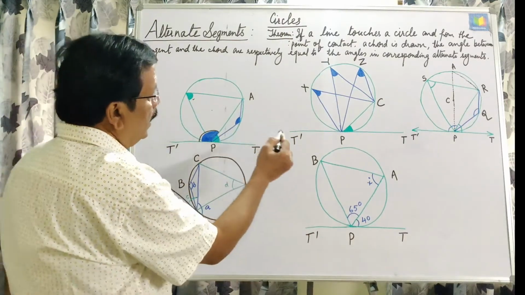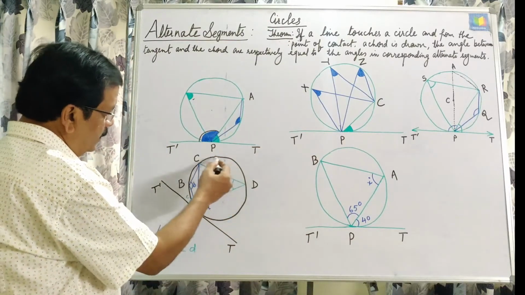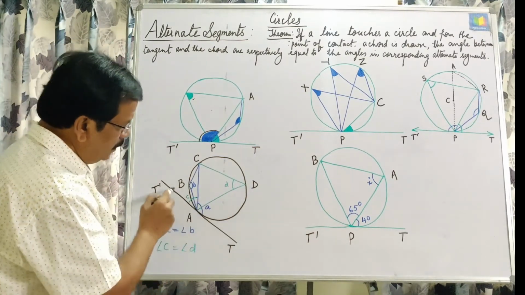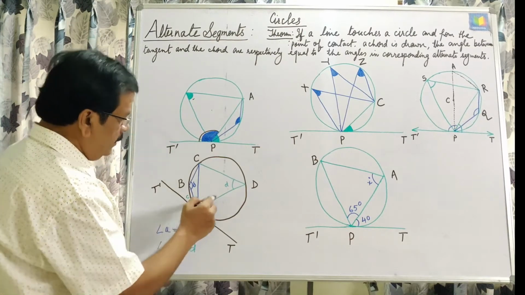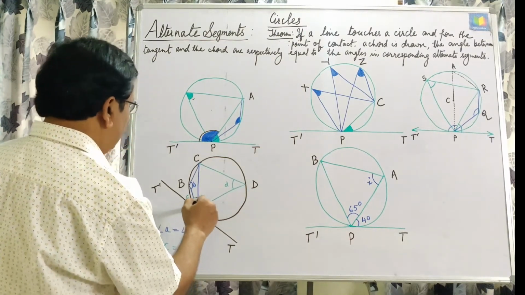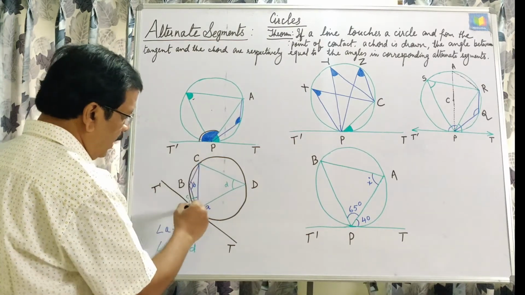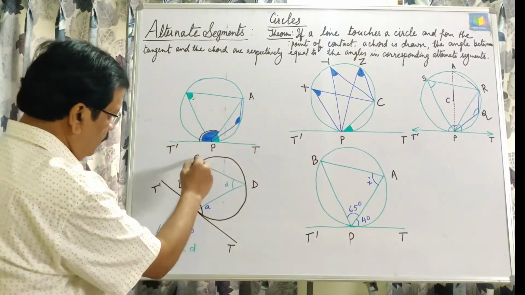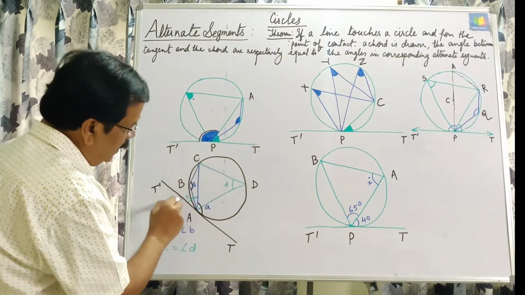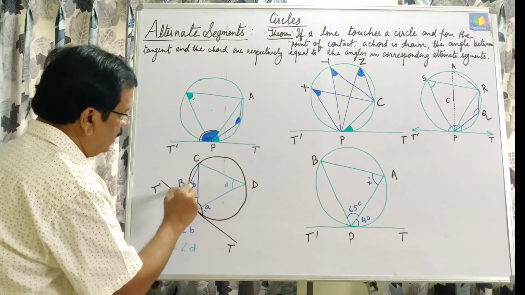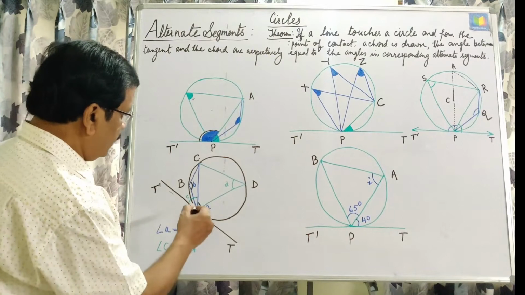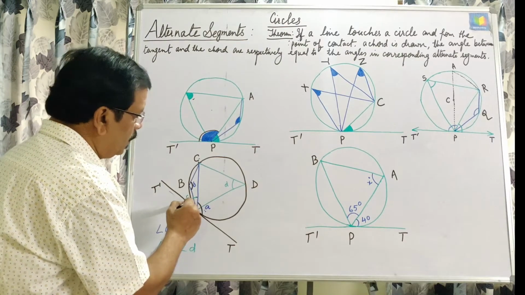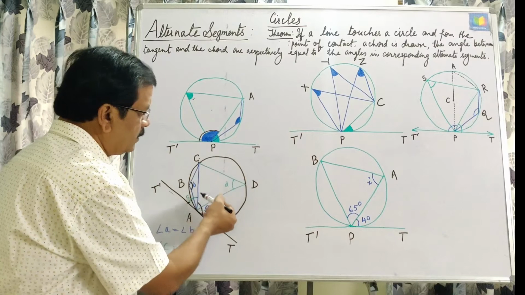And again here in this figure you can see, if we divide this circle with the chord AD, the chord is dividing this circle into two parts, we draw a tangent at point A, then in this one also you can see that the angles in alternate segments, with the blue line, this angle A is equal to angle B. If we are taking the chord CA, and CA is making an angle with the tangent, angle A will be equal to angle B. Again, in other words, if CA is making angle C, then this angle C will be equal to the angle in the alternate segment, and this is the alternate segments.